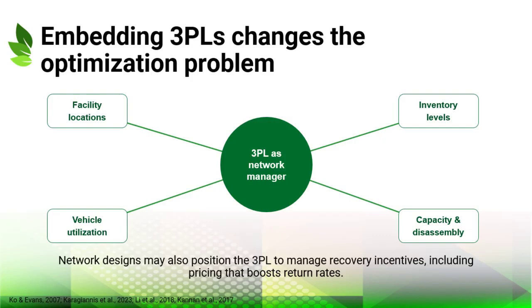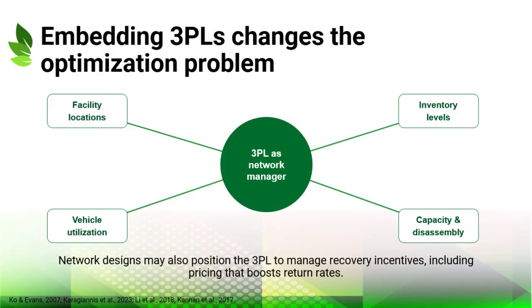Embedding a 3PL changes the optimization problem because the provider becomes part of the network design. Models must now decide facility locations, inventory levels, vehicle utilization, capacity, disassembly operations, and recovery flows from the perspective of an external or specialized operator. In some closed-loop supply chains, the 3PL acts as the central network manager and coordinates incentives that increase return rates.